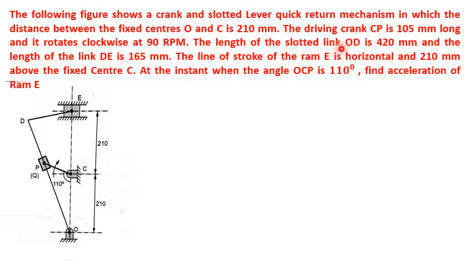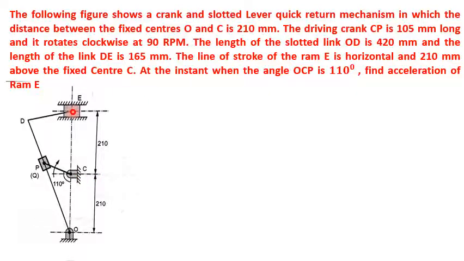The length of the slotted link OD, this one, is 420 millimeter, and the length of the link DE, this one, is 165 millimeter. The line of stroke of ram E is horizontal, this one line of stroke, and 210 millimeter above the fixed center.